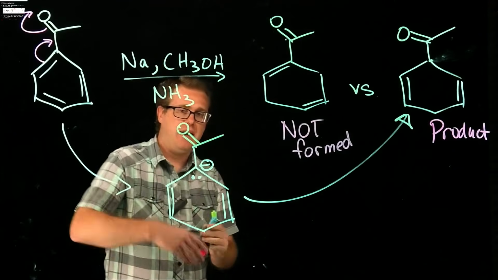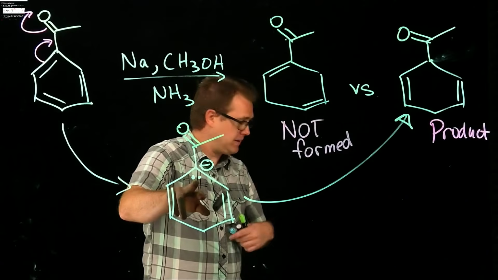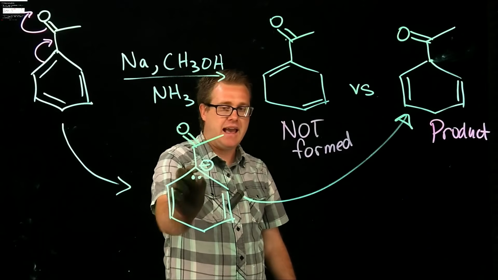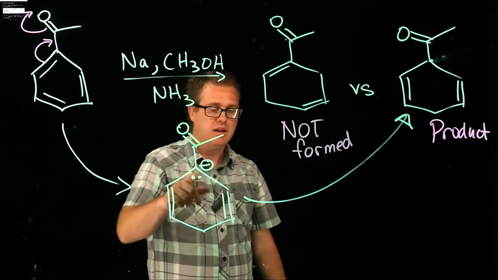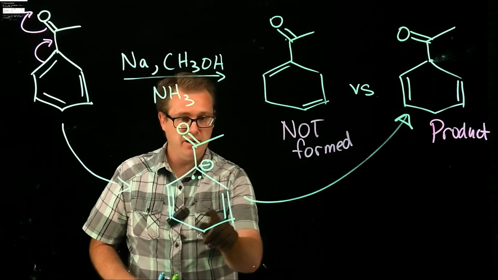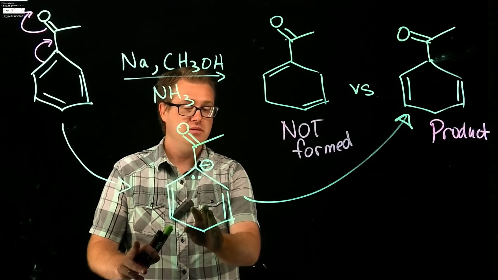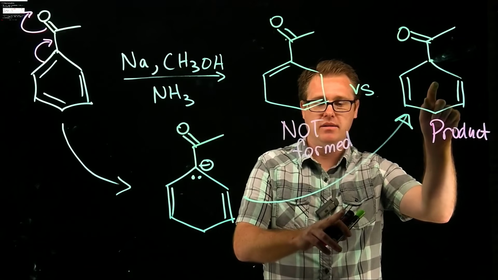And now that you have an electron withdrawing group here, you have your anion. See how that anion can be somewhat stabilized from the electron withdrawing ability of this group right here. And so this intermediate is stable, which then leads us to this product.